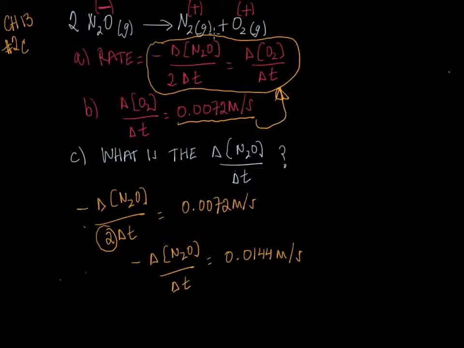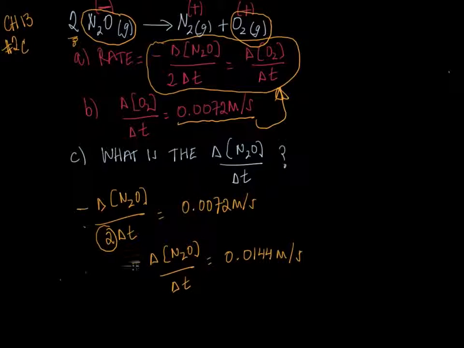And it makes sense just looking at the chemical equation. If we think about the change in concentration of oxygen, the change in N2O concentration is going to be twice as much because there's a 2 here. Okay, 2 of these go away for each one of these that form. So the change in concentration over time is going to be twice as much.